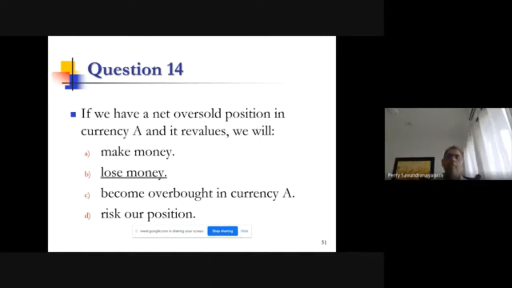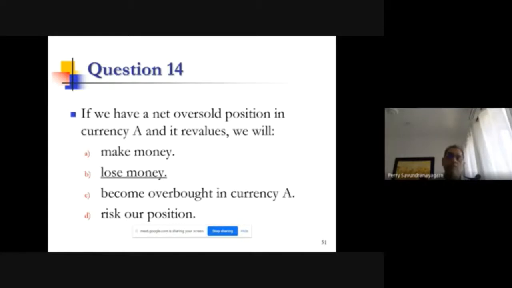So, for example, if you have sold $1 million at, we'll say, 200 rupees, right? And the dollar revalues to 210. It doesn't get weaker; it gets stronger. But you sold at 200, right? So now you have to buy it back at 210, and you lose.